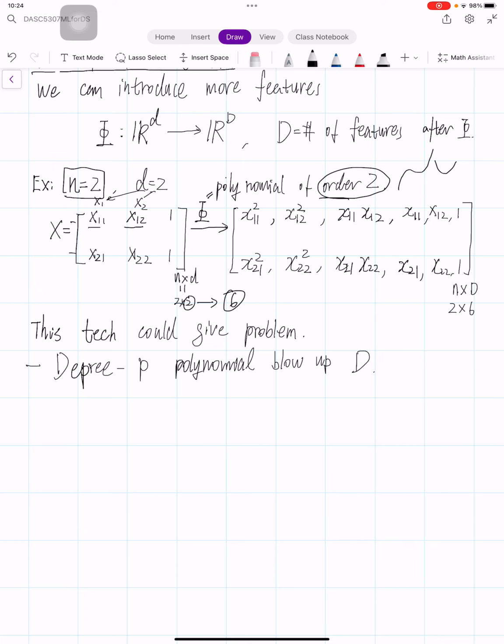For example, if d equals 100, and nowadays it's very easy to find a data set with a 100 feature space, even if you only consider polynomials of degree 4, this will give us about 4 million features.